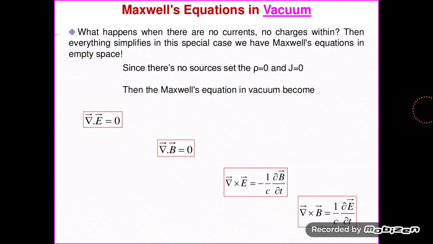Then the Maxwell equations in vacuum become divergence of E is equal to 0, divergence of B is 0, curl of E is equal to minus 1 upon C del over del T of B, curl of B is equal to 1 upon C del over del T of E.